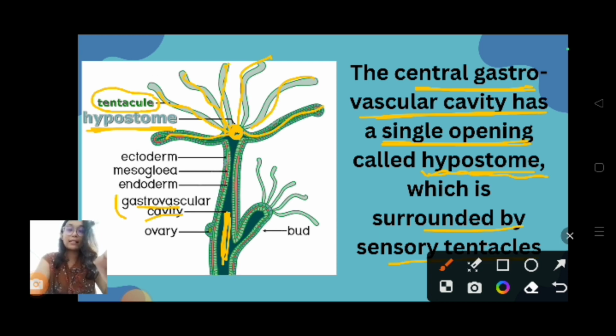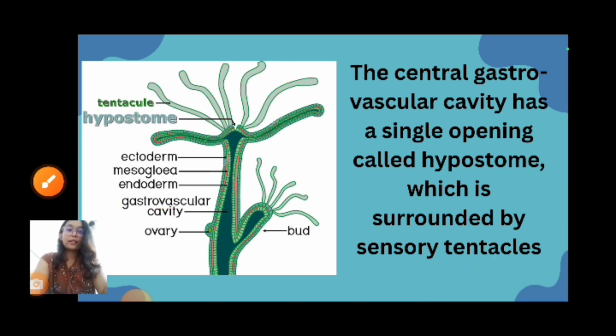So these tentacles are having some sensory function. Okay, is it clear? Let me clear this out. What is hypostome? Only one opening of the gastrovascular cavity, and this hypostome is surrounded by sensory tentacles. Is it clear?